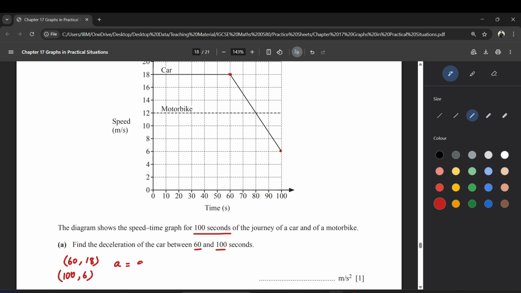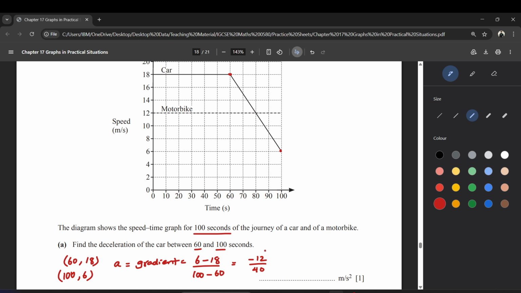So a is equal to gradient, which is y2 minus y1, that would be 6 minus 18, divided by x2 minus x1, and that would be 100 minus 60.